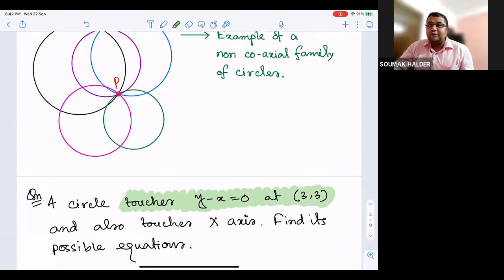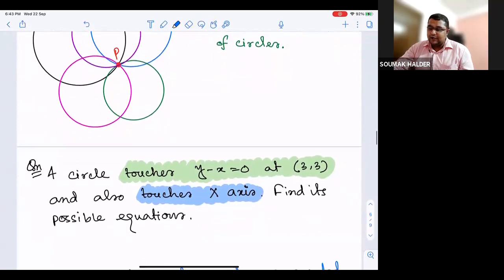This matches the fourth description for family of circles. The additional information is that the circle we are searching for from this family also touches the x-axis. So we have divided the whole information set of the question into two parts: one is the theory-matching description of family of circle, and the other part is additional information.